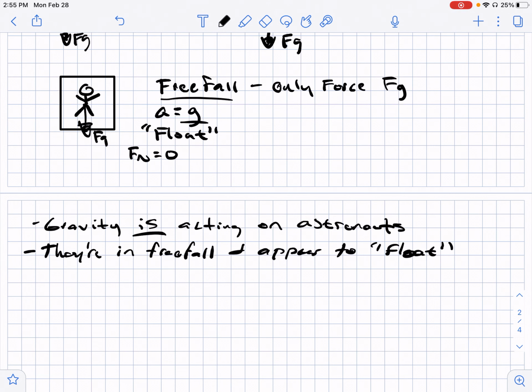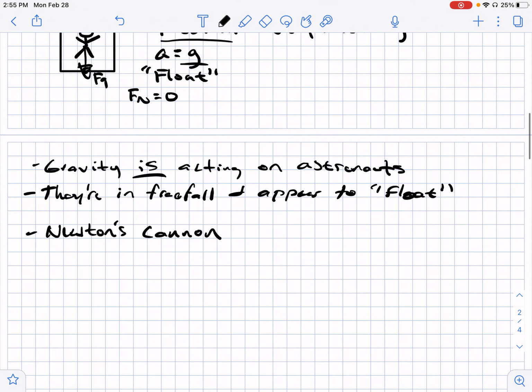A good example where you could see this is what's called Newton's cannon. On your computers, just Google Newton's cannon, and you'll see several different videos. It shows the Earth and a large cannon.